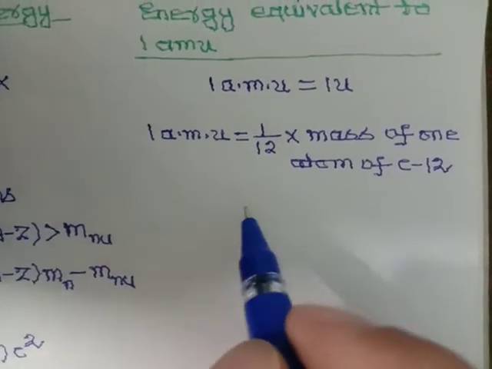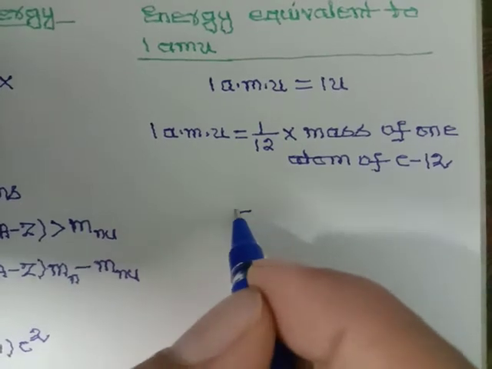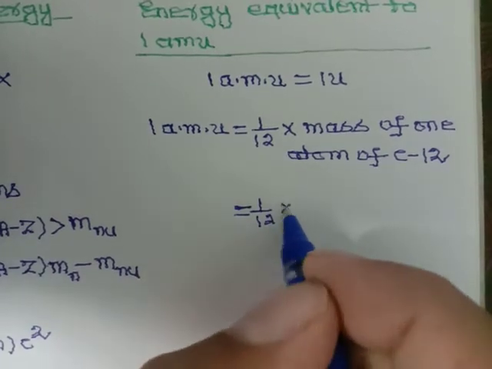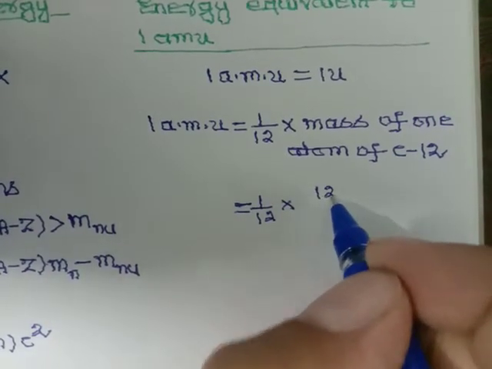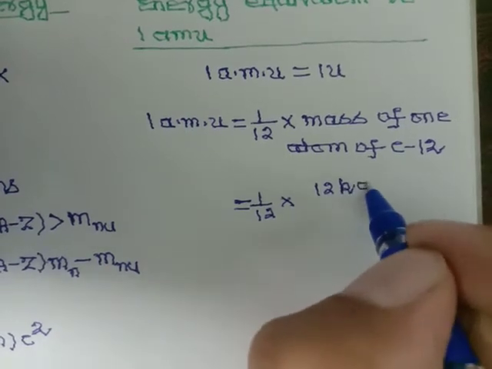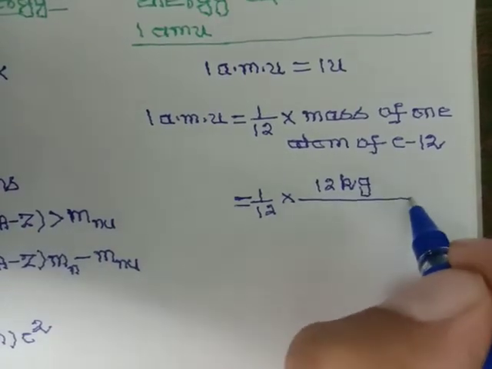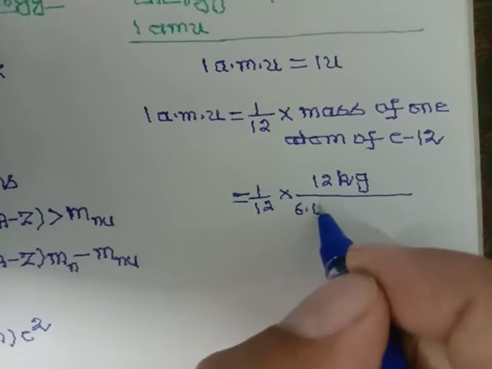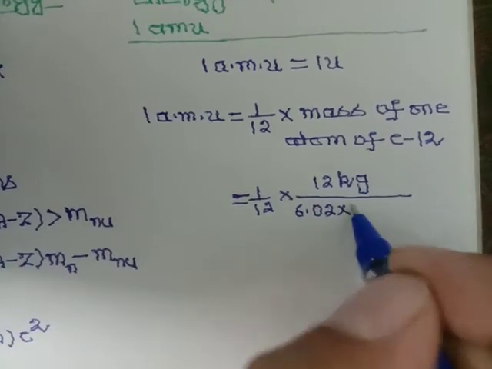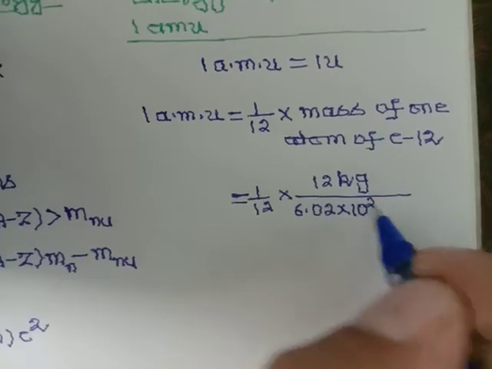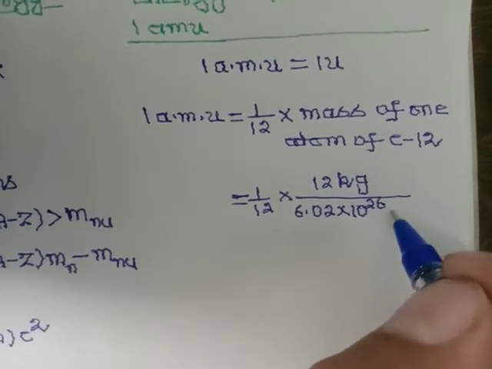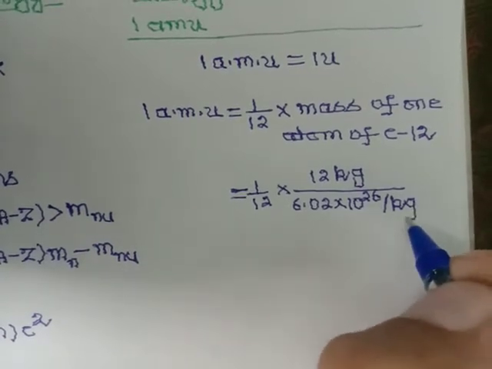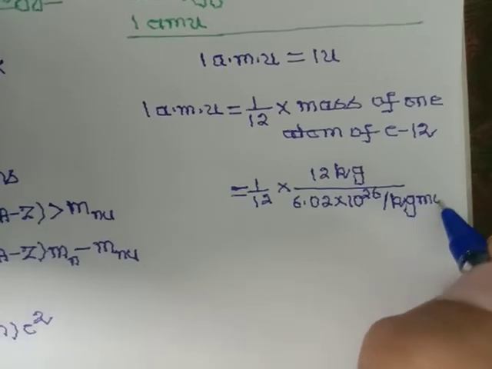So how can we find the mass of one carbon atom? This is 1 by 12 multiplied by 12 kg divided by the Avogadro number, 6.02 into 10 to the power 26 per kilogram mole, right?